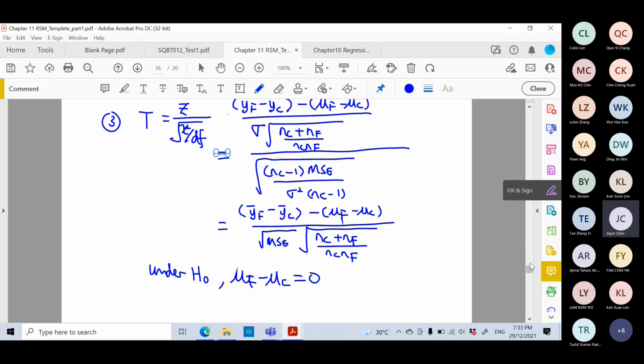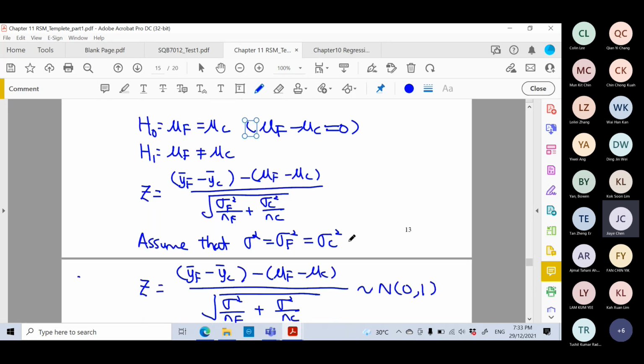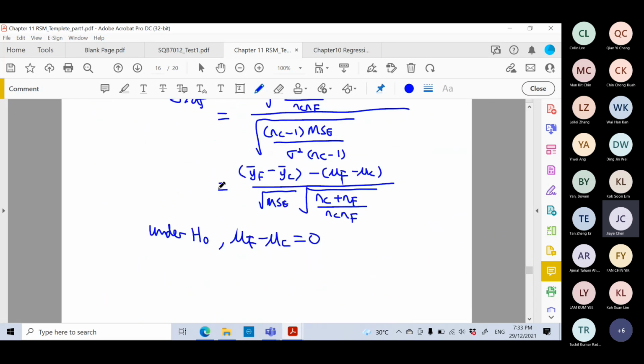So therefore your T will be equal to YF minus YC divided by the square root of the MSE, times the square root of (NC plus NF) over NC and NF. You will get the following one.